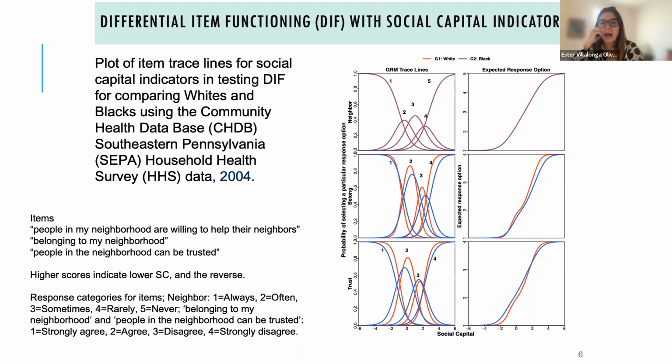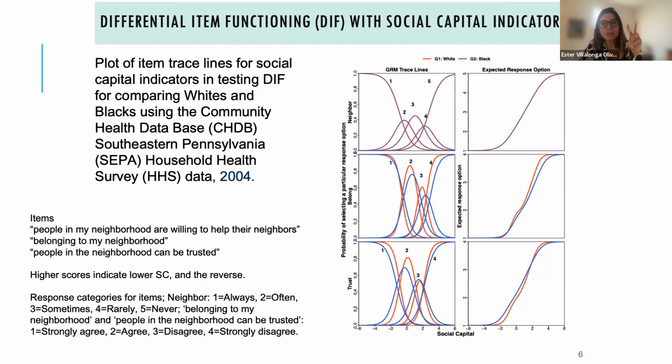In general, an item displays DIF when study participants from several groups who are equal on the latent construct have unequal probabilities of a correct response on the studied item. When I talk about groups, I mean groups such as racial groups or age groups or groups of people based on SES differences, or gender differences. There can be multiple groups here.